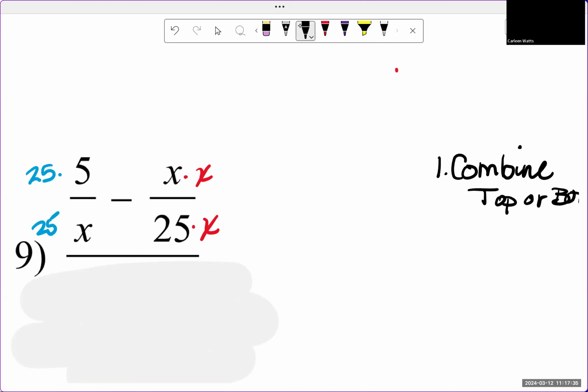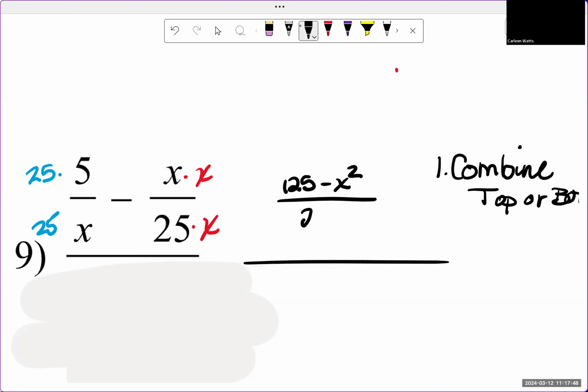So this is going to combine into 125 minus x squared over, what's my denominator? 25x. Okay, you with me?